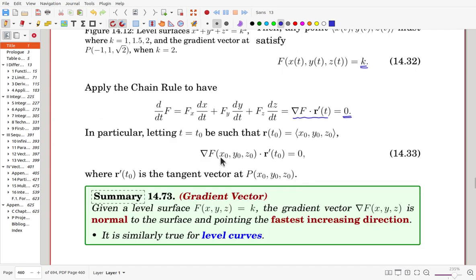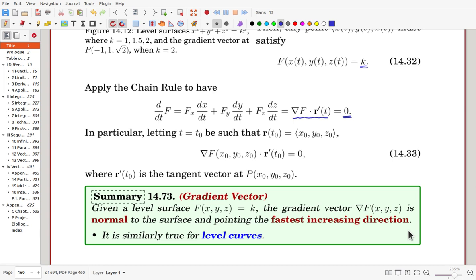And here we can summarize our derivation. Given a level surface, the gradient vector is normal to the surface and points in the fastest increasing direction. Earlier, we also got this conclusion: the gradient is always the fastest increasing direction.